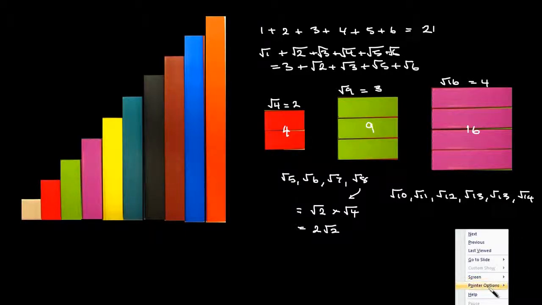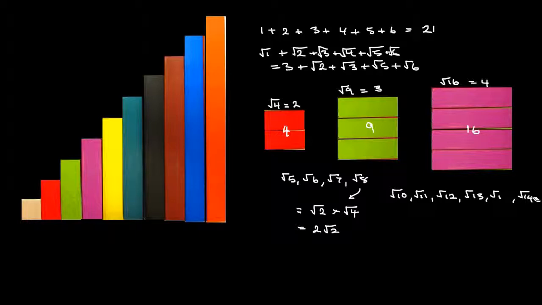So 13, whoops, I see, I've made a mistake. I do apologise. So there we go, 14, 15. So it's only this one that will simplify. Equals, well, what have we got? 4 times 3, so it's the square root of 4 times the square root of 3 equals 2 root 3. So that one we can reduce down, we can get an integer out, but it still is a surd.